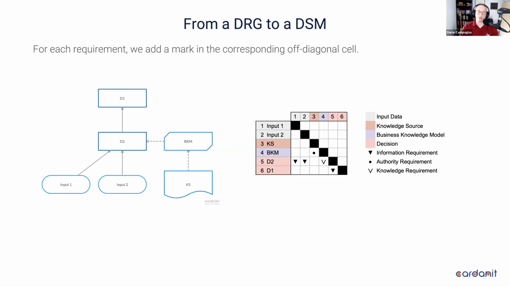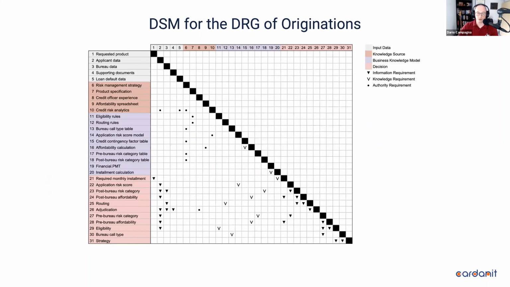And to see it applied on a quite intricate model, we decided to apply it to the origination example in the specification. And this is the DSM that we obtain applying this translation to the DRG of origination. So we have 31 rows and columns because in the example we have 31 elements.